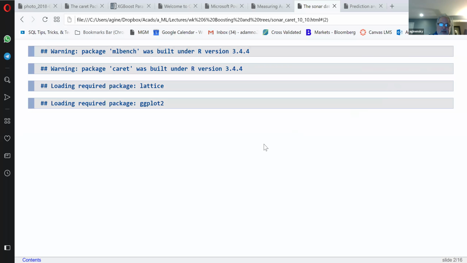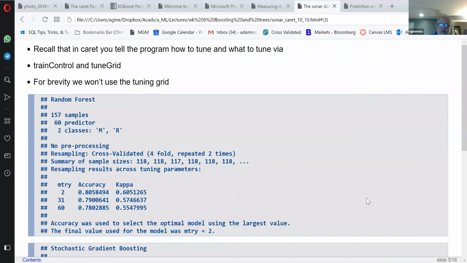Let me unshare my screen. Rather than showing you the knitted package, I want to show you my code itself, because for some reason when I compiled this, it decided not to show the code. Let me see if I have this. I think it's going to be this one.